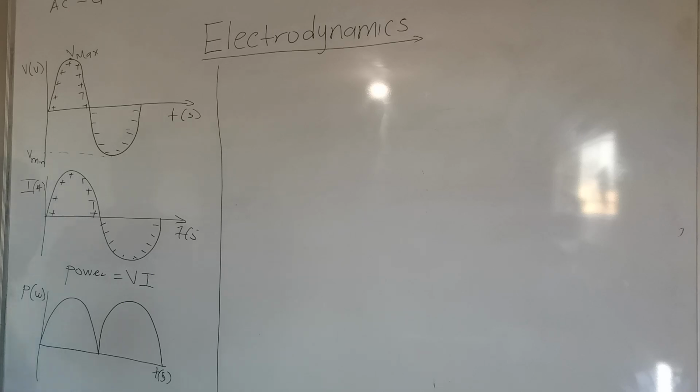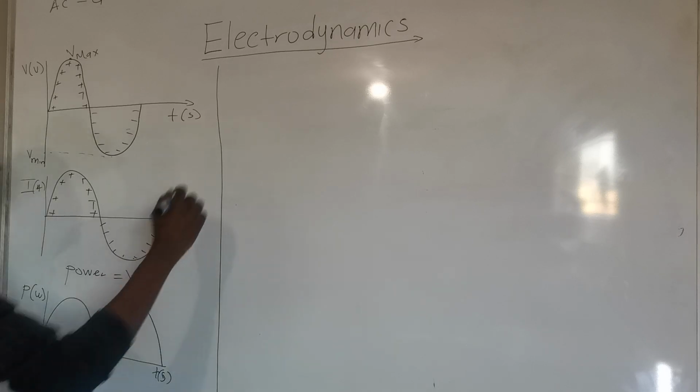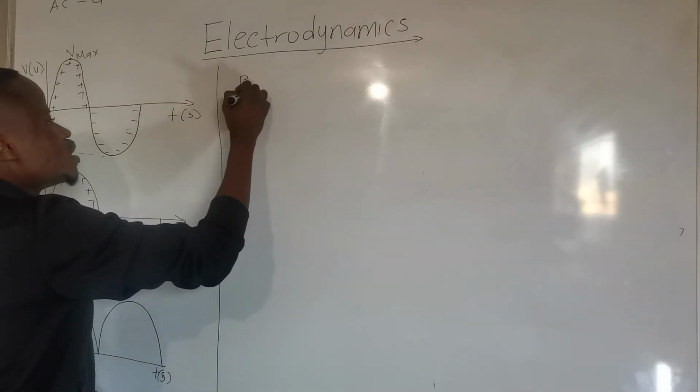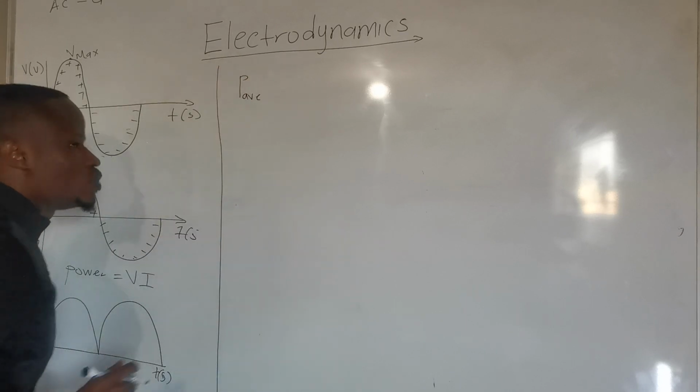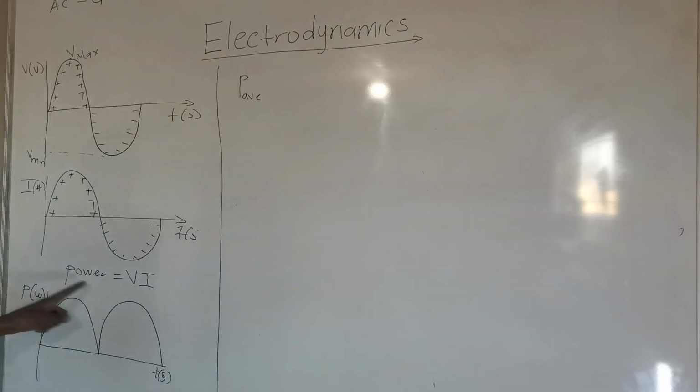Now we have our graph, which looks like this. What we are going to need here is the P average, because the average voltage we cannot use, it is going to be 0.